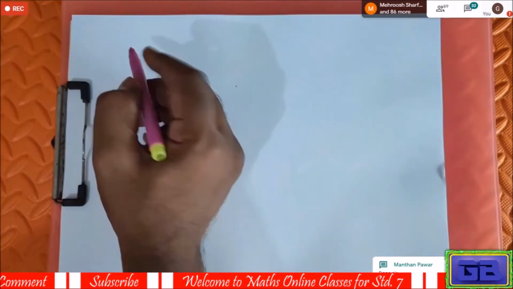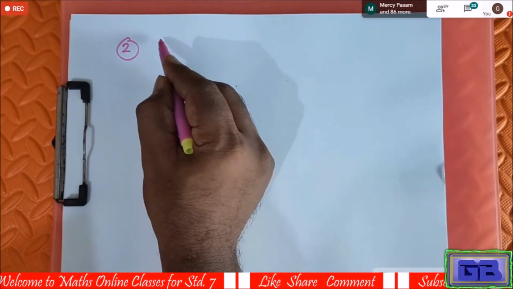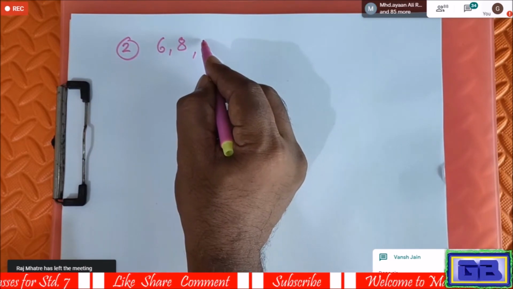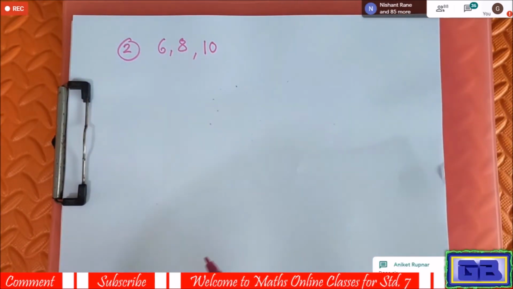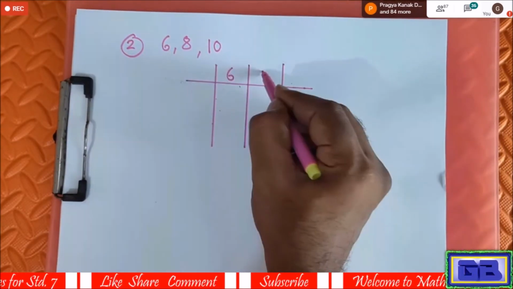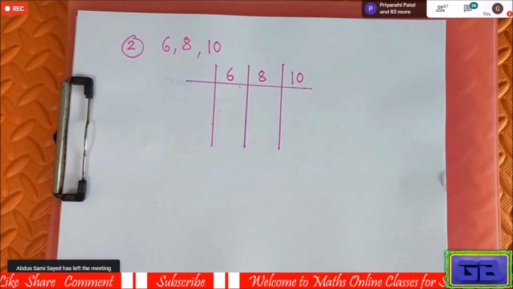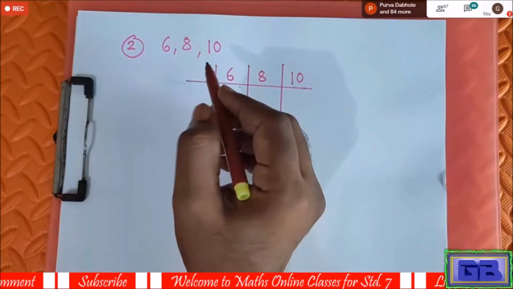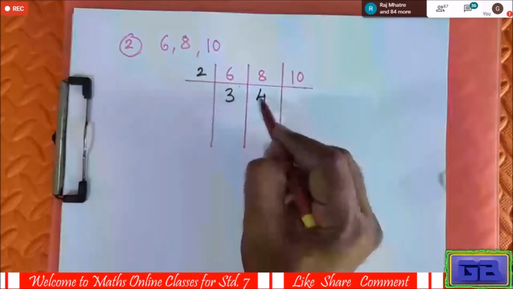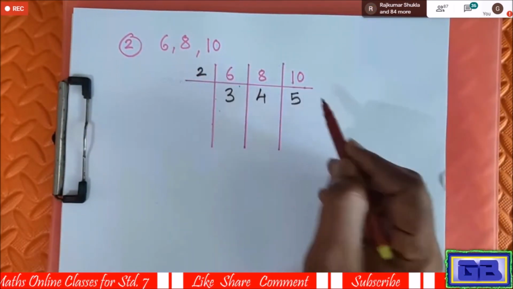Write down number 2. 6, 8, 10. Here 6, 8, 10. Now all three numbers are divisible by 2. 2 3s are 6, 2 4s are 8, and 2 5s are 10.